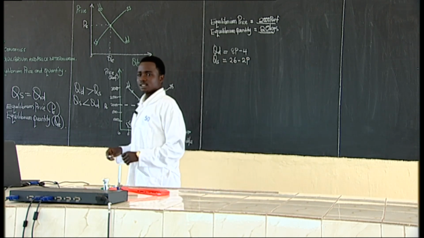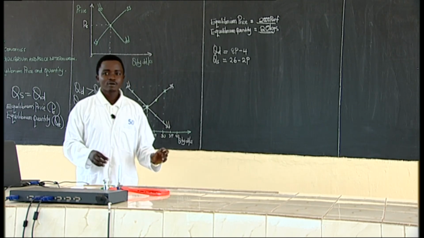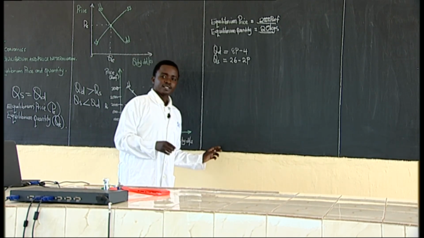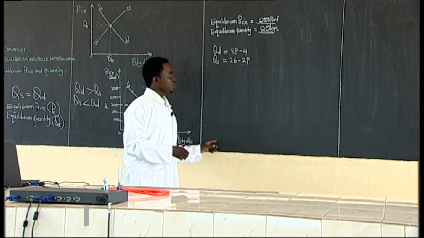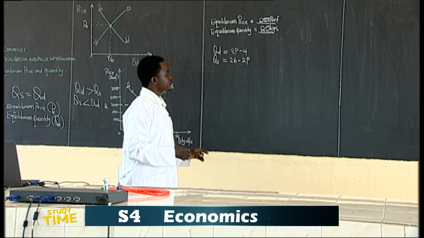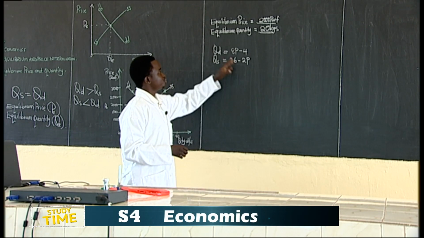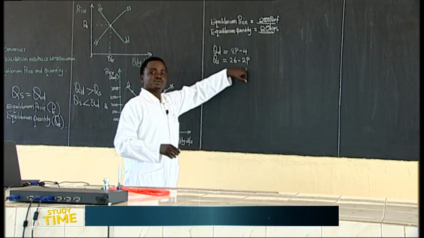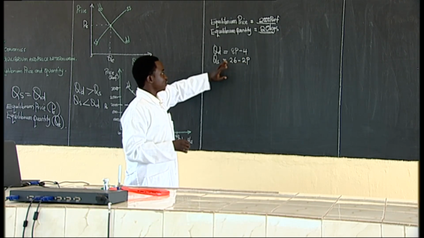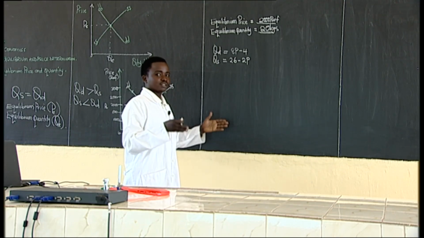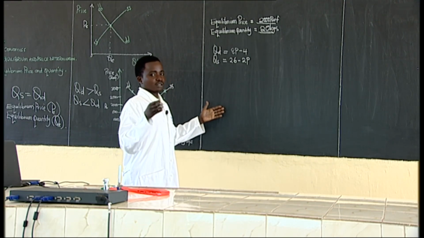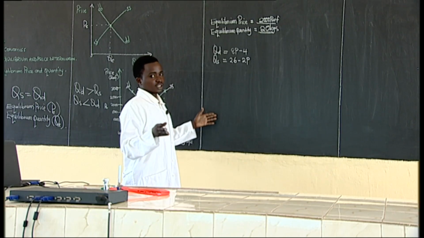As I have said, at equilibrium, quantity demanded is equal to quantity supplied. These are two linear equations, therefore you must equate them. Then you solve for the value of P, which will be the equilibrium price, and the value of Q will be the equilibrium quantity, that is, quantity supplied or quantity demanded.